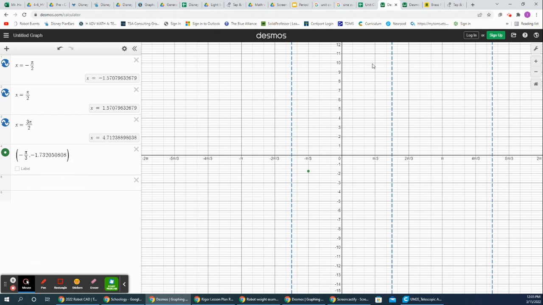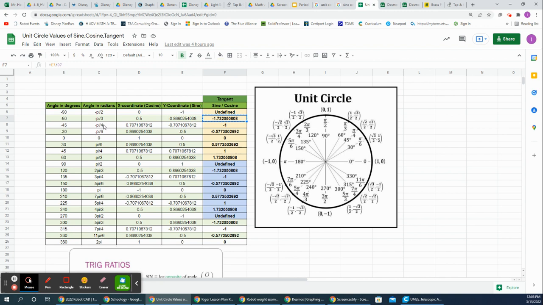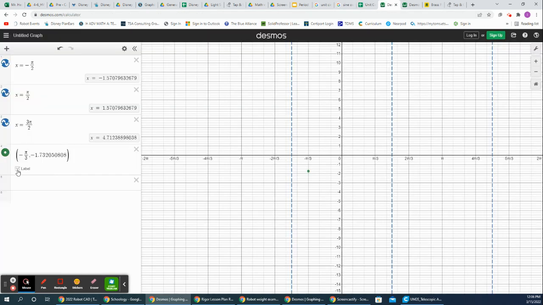All right, so the next one is negative pi over 4. We're going to go to negative 1. So negative pi over 4, and then we're going to do negative 1. Okay, let's continue.